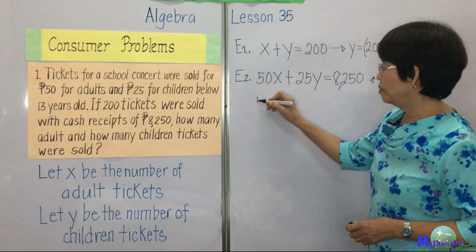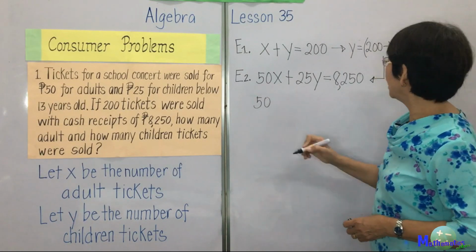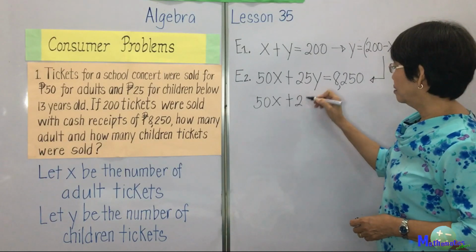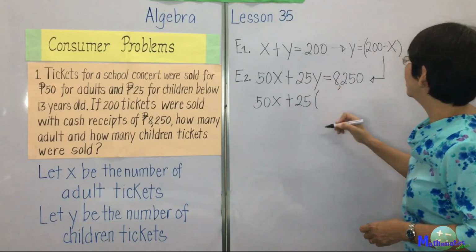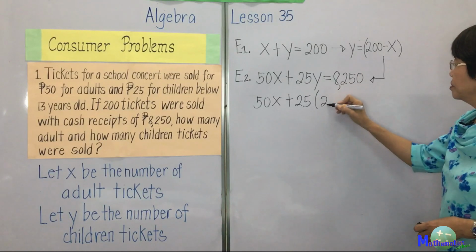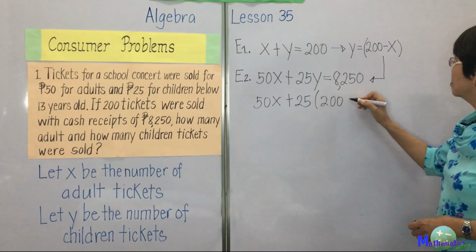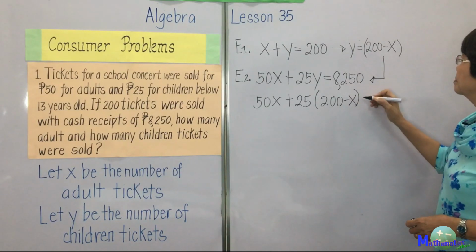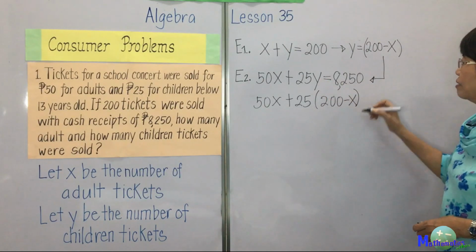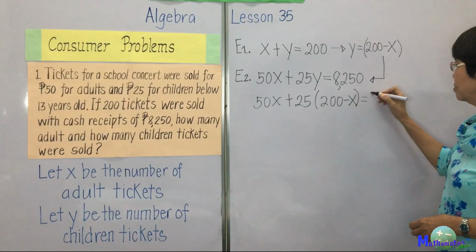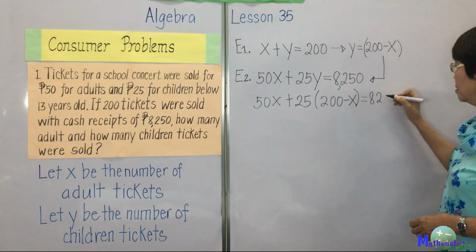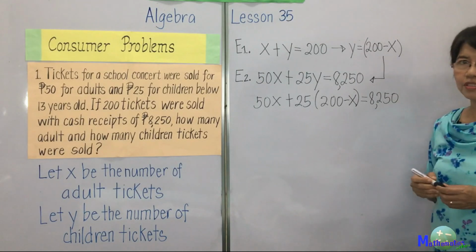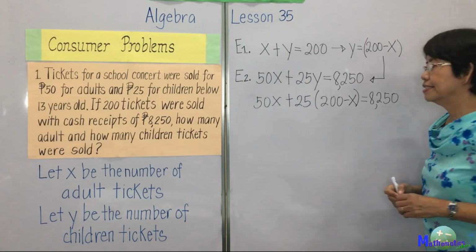And substitute this value in equation 2. So we have 50x plus 25, then 200 minus x for the value of y is equal to 8,250. And then we simplify and solve for x.